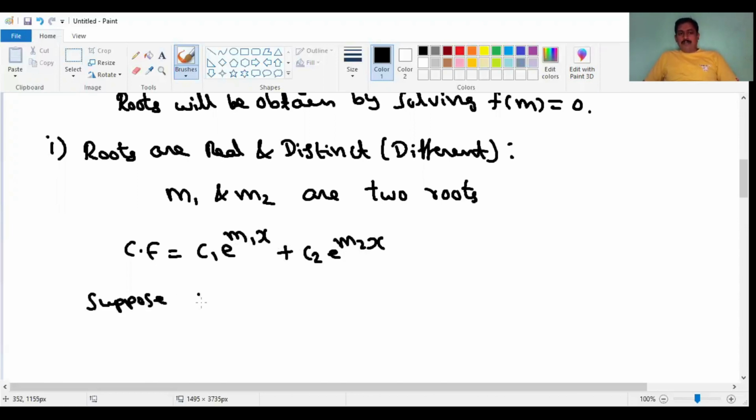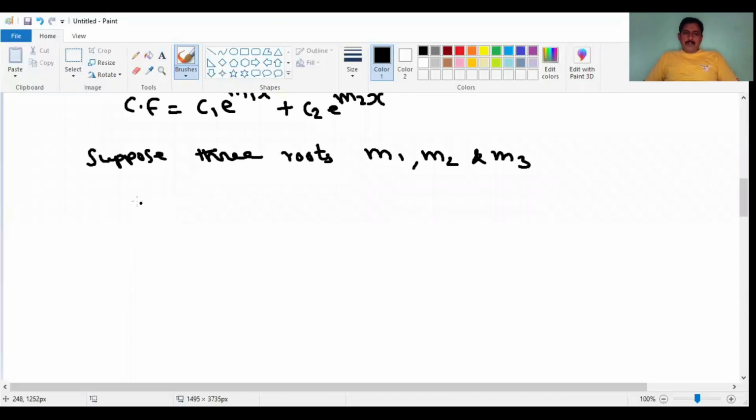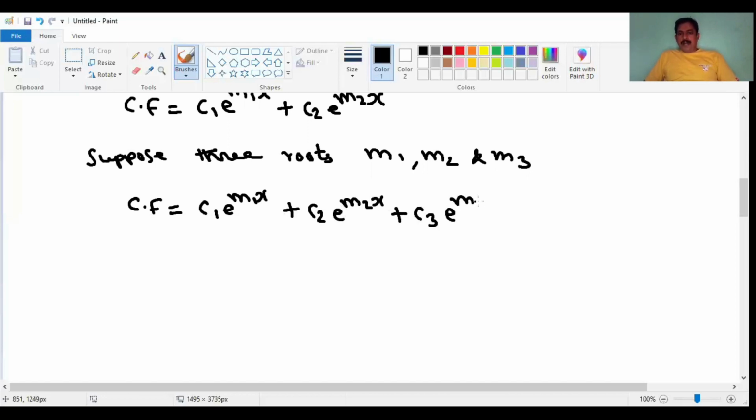Suppose we have three roots like m1, m2 and m3. So CF equal to c1 e power m1x plus c2 e power m2x plus c3 e power m3x. This is the way we can write our complementary function if the roots are real and different.